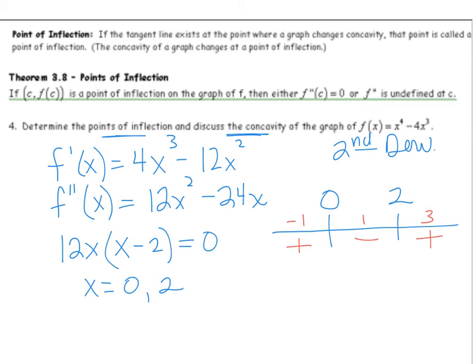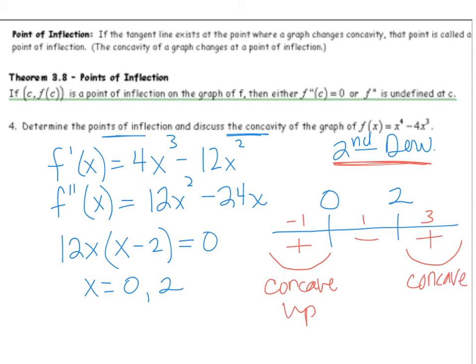So on the second derivative, if it is positive in this interval, this is concave up. If the second derivative is positive, it's concave up. If the second derivative is negative, it will be concave down. So this is a test using the second derivative.